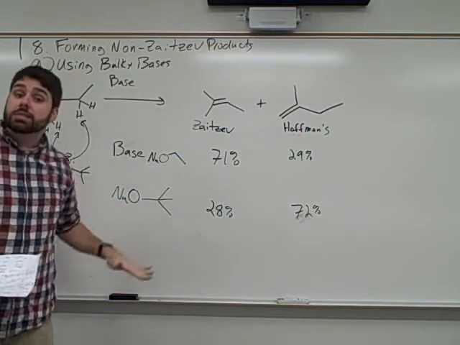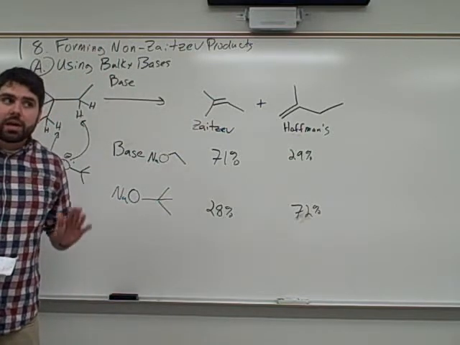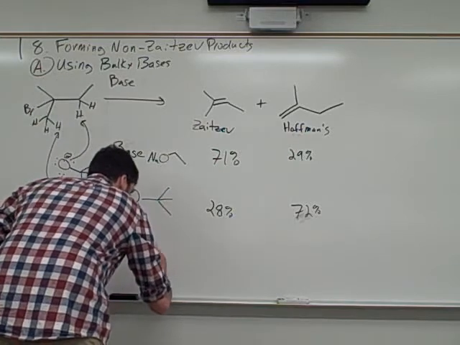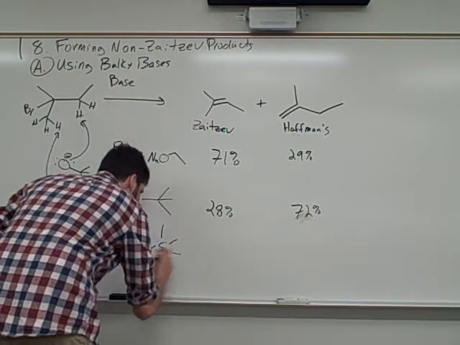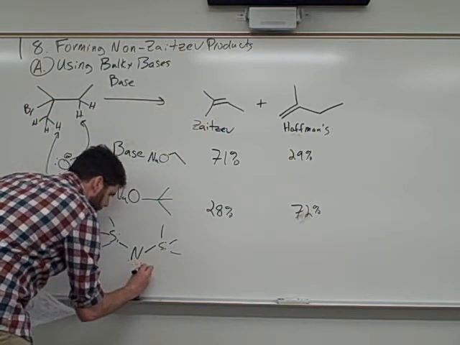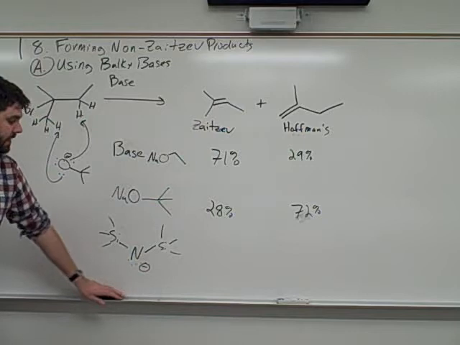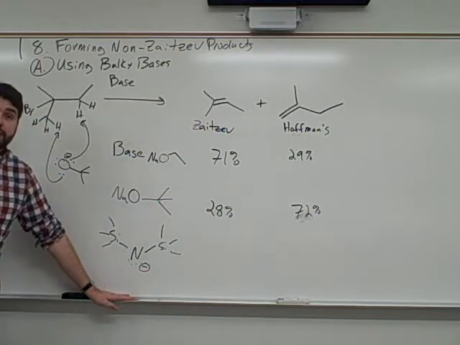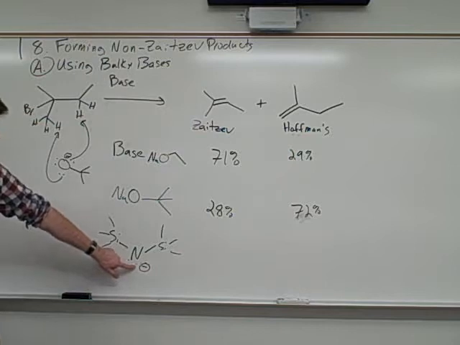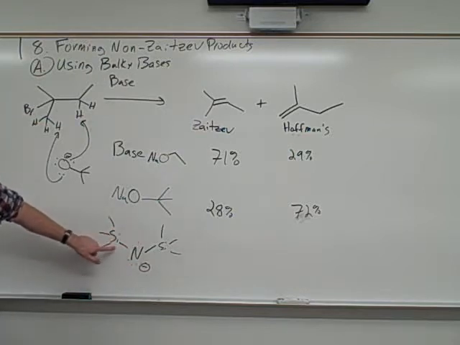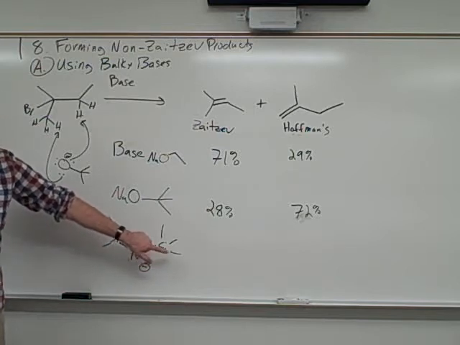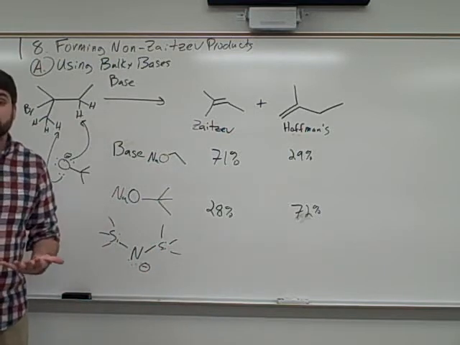And you're actually able to take this to an extreme by making a very, very, very bulky base. So for example, this is the HMDS anion, the hexamethyldisilazide. What we're able to do here is take what initially was LDA and put a bunch of trimethylsilyl antlers on this sucker. And this is going to essentially behave like a moose that's trying to move through brush.